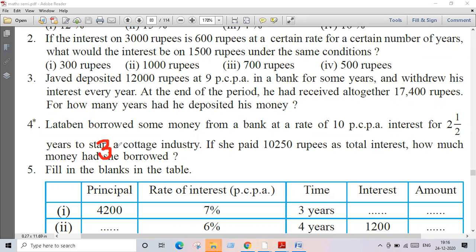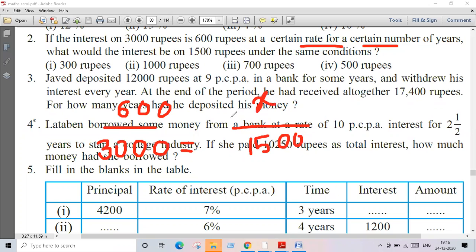The interest on 3000 rupees is 600. So what could be the interest? Everything is the same, the rate of interest R is the same, T is also the same. What would be the interest on 1500 rupees? Now we have to solve this. How to solve? Yes, do cross multiplication, you'll get the answer.